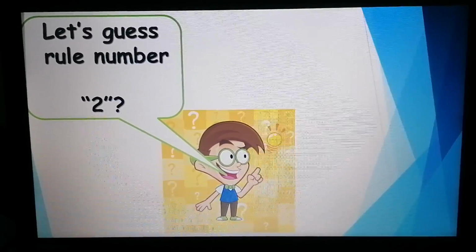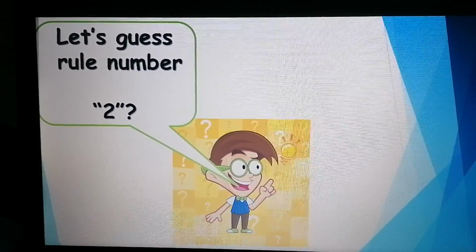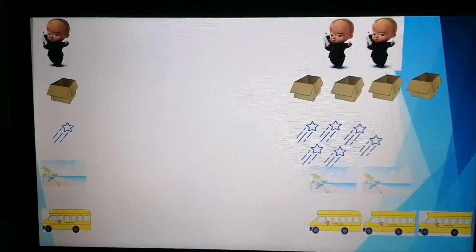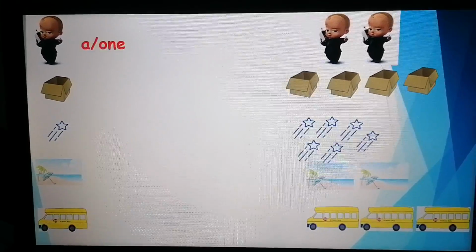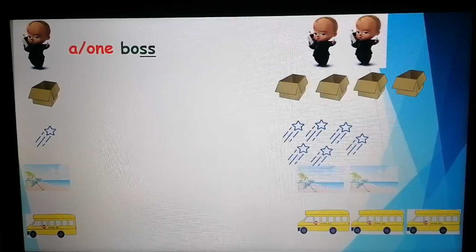Let's guess rule number 2. Okay, so it's a new rule. Here are examples for us to guess rule number 2.